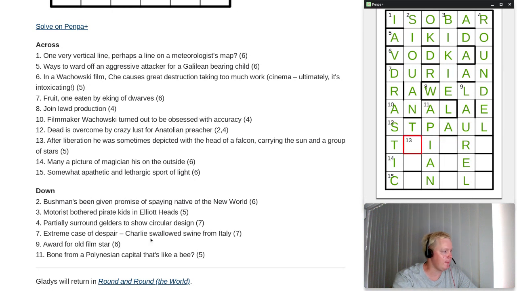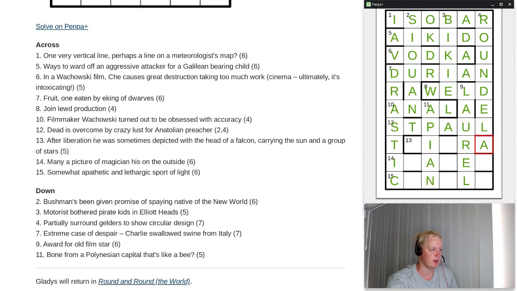So then 13. After liberation, he was sometimes depicted with the head of a falcon carrying the sun and a group of stars. Now, someone depicted with the head of a falcon carrying the sun is an Egyptian god called Ra, and we have an R here. So after a word for liberation, we put Ra.